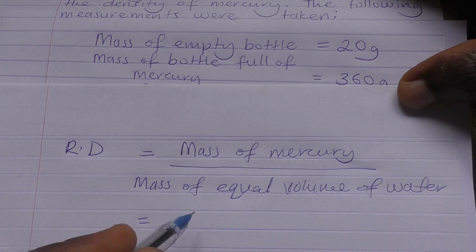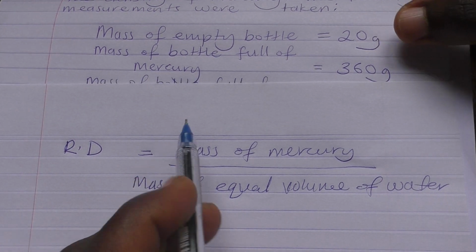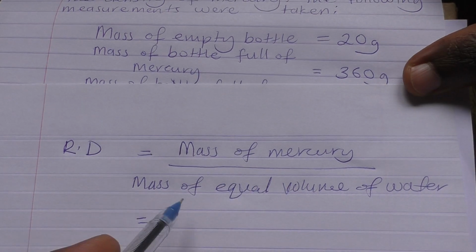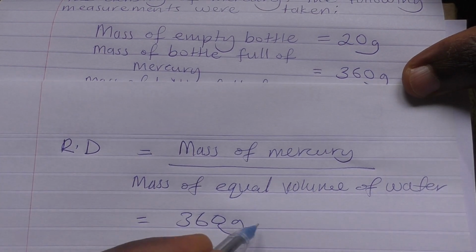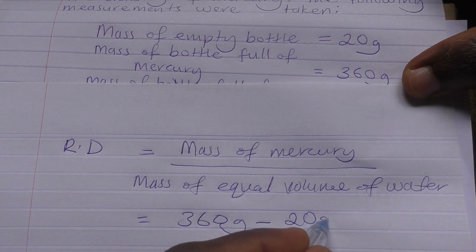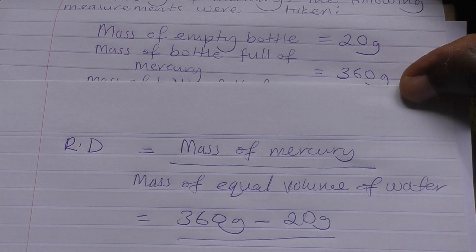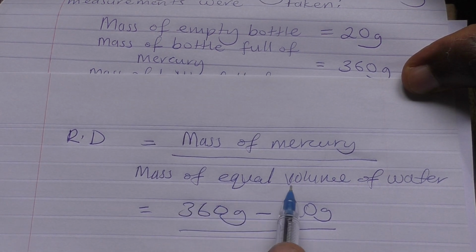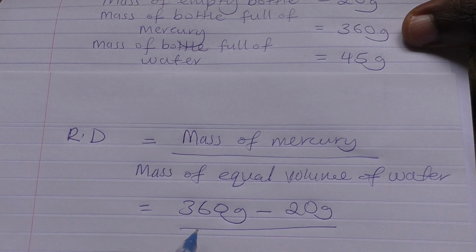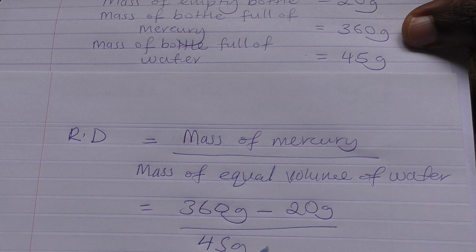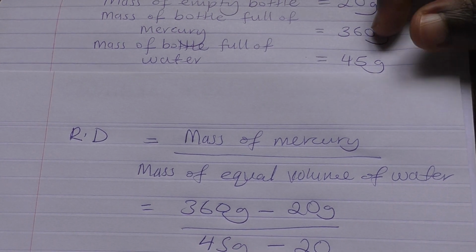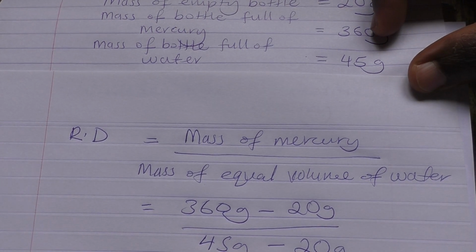This is given to us as the mass of bottle full of mercury, which is 360 grams, take away the mass of empty bottle, which is 20 grams, over mass of bottle full of water, which is 45 grams, take away the mass of empty bottle, which is 20 grams.